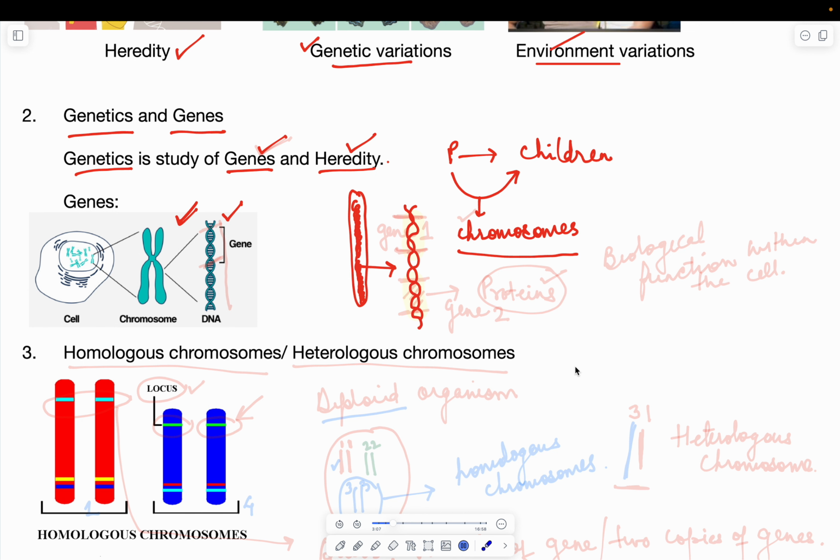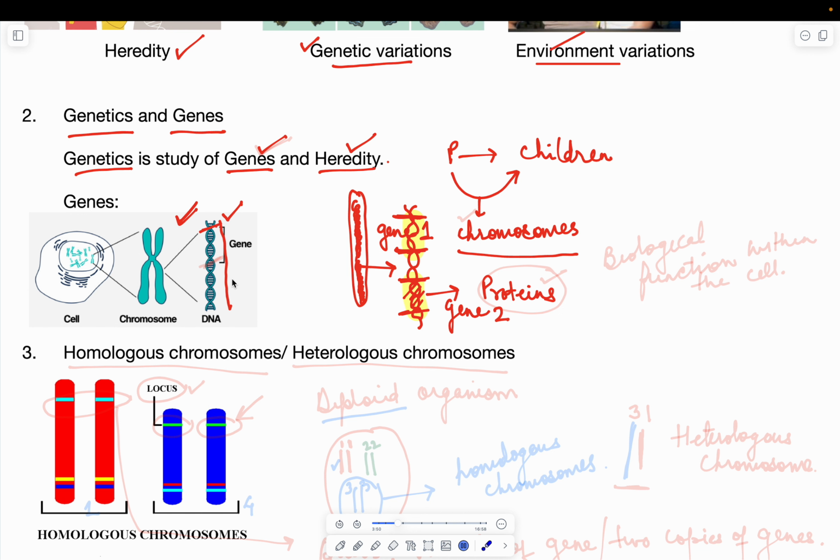Now the whole of the DNA doesn't do anything. It's not functional. Only certain segments of the DNA, say for example from this to this, and second from this to this, code for the proteins in a cell. The segment of the DNA which codes for the protein is known as a gene, right? So this is gene 1, you can mark this as gene 1. This is your gene 2, right? So I repeat, the whole segment of the DNA doesn't code for protein.